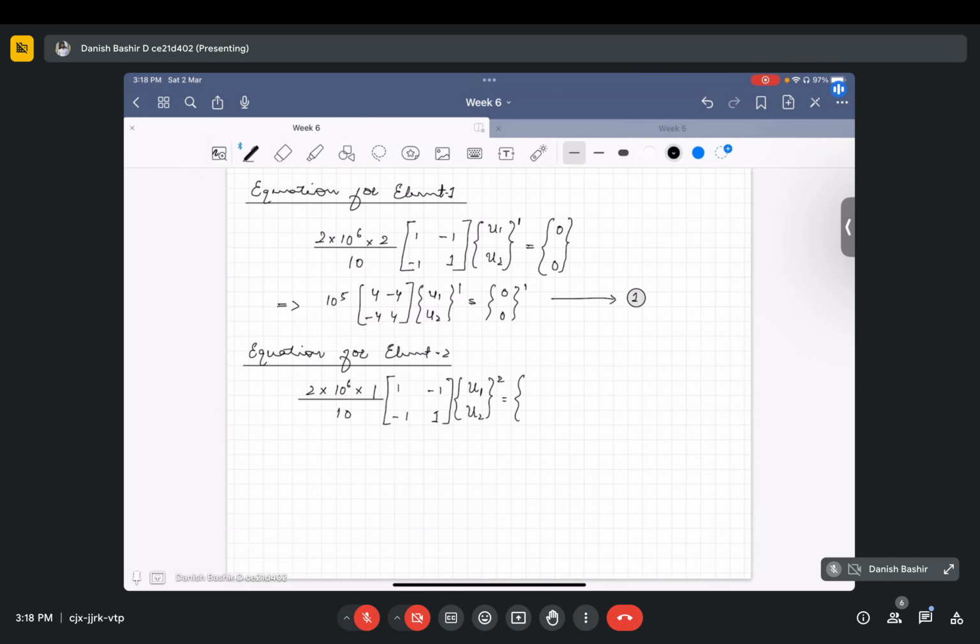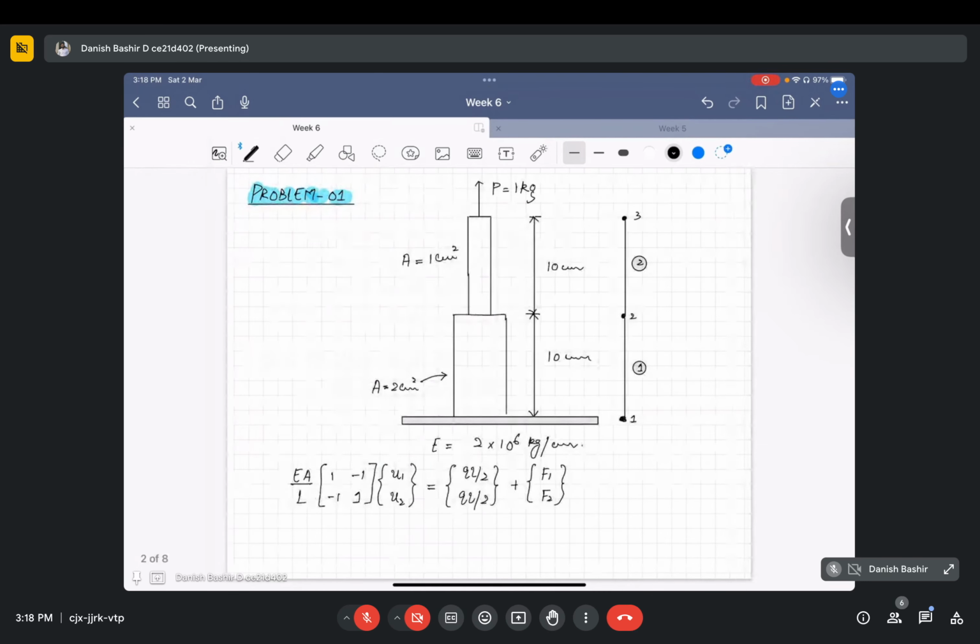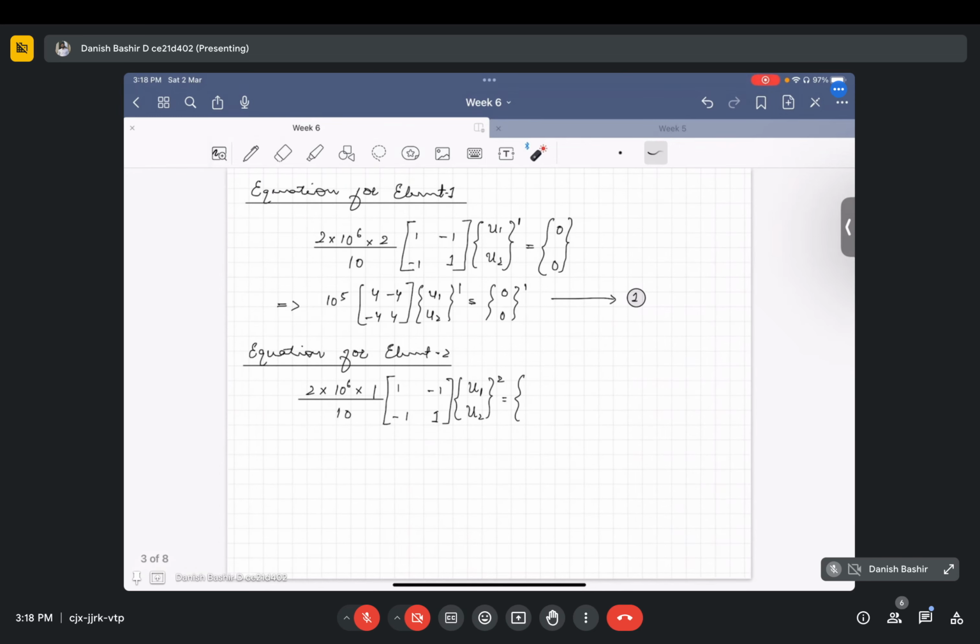And again we have to see at the nodes of element 2 here: force F1 is equal to 0, but here F2 is equal to 1 kg. You remember this. So I will be writing F1 equal to 0 and F2 equal to 1 of element 2.